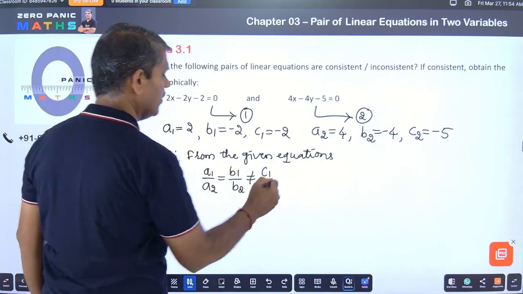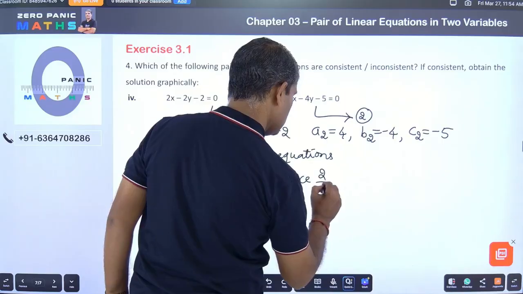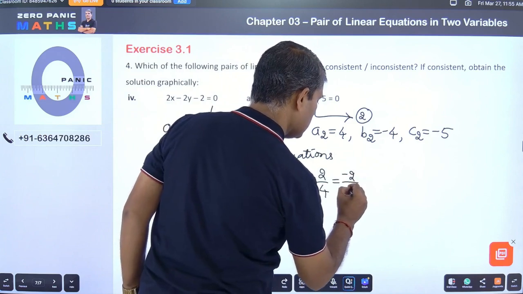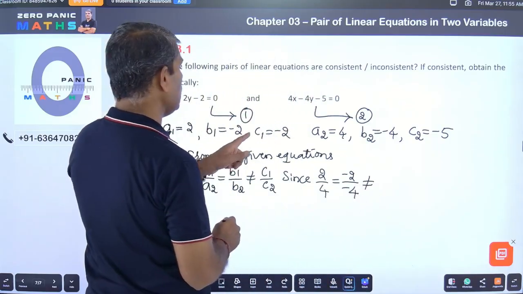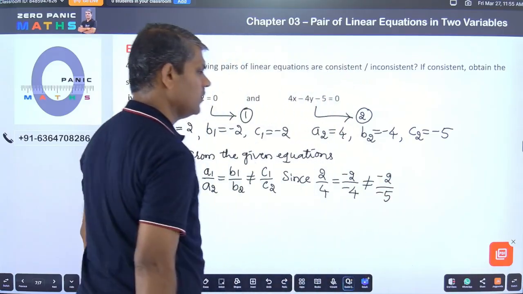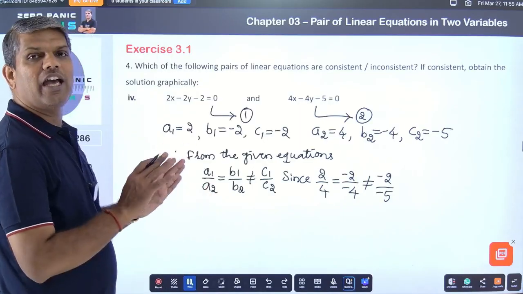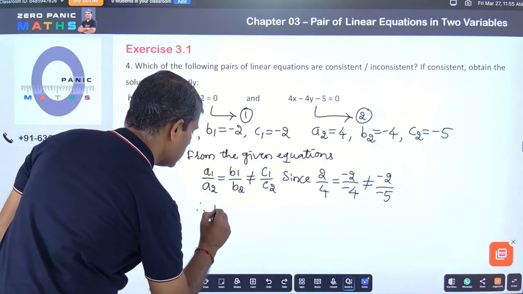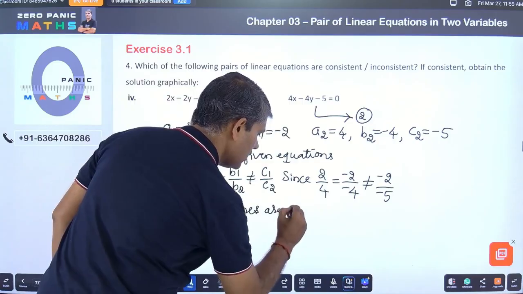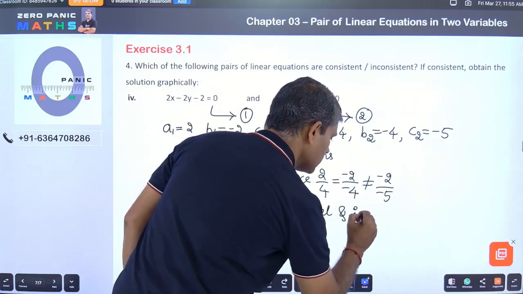Since 2 by 4 is equal to minus 2 by minus 4, that is also equal, but this is not equal to minus 2 by minus 5, which is c1 by c2. So therefore the lines are parallel. If the lines are parallel, they are inconsistent. Therefore the lines are parallel and inconsistent.